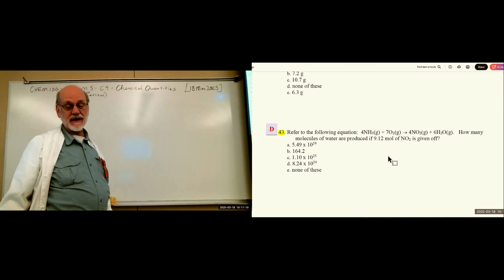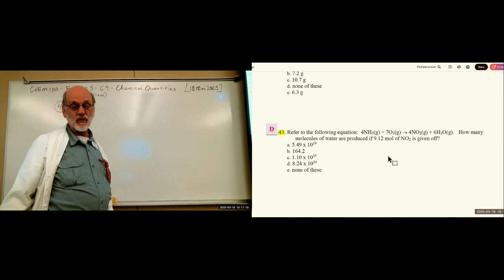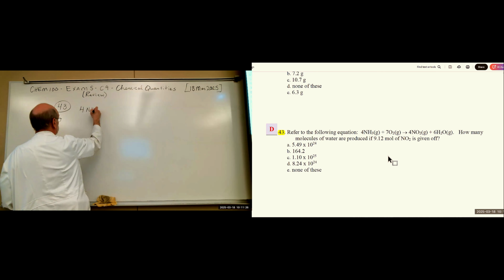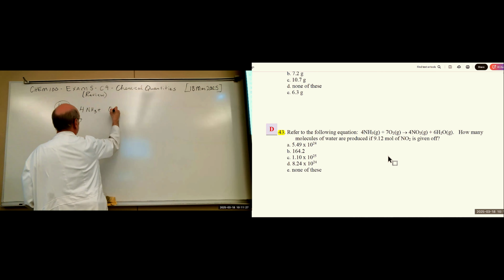Actually, this is kind of going backwards. This is a lot simpler than we've done before up to this point. They're all gases, so I'm going to leave the gas off. So we got 4 NO2 plus 6 water.